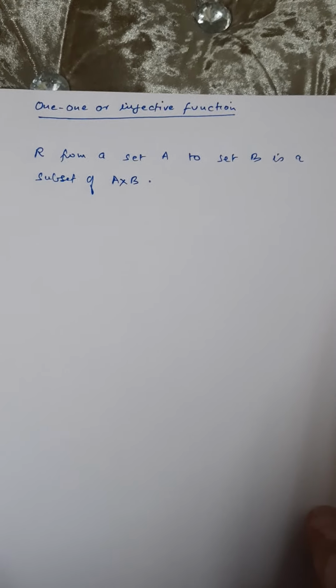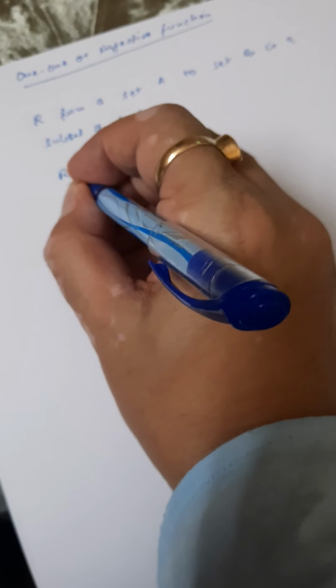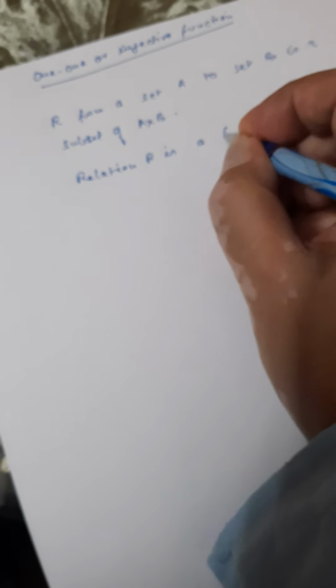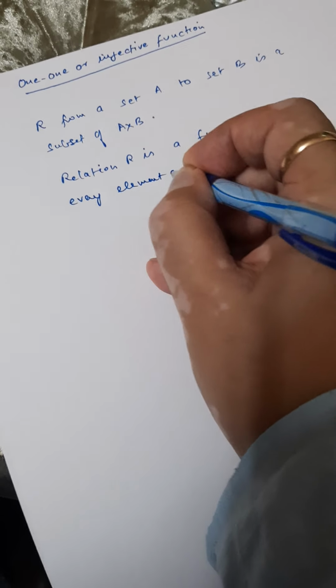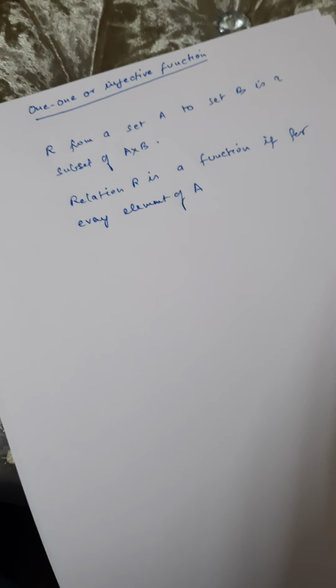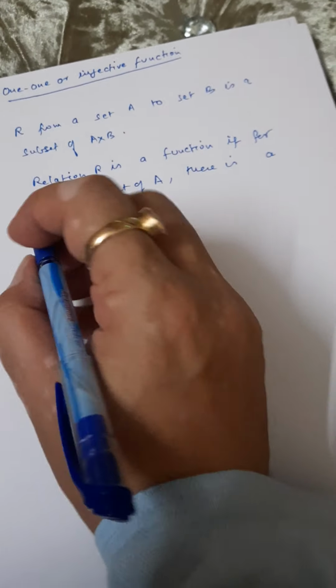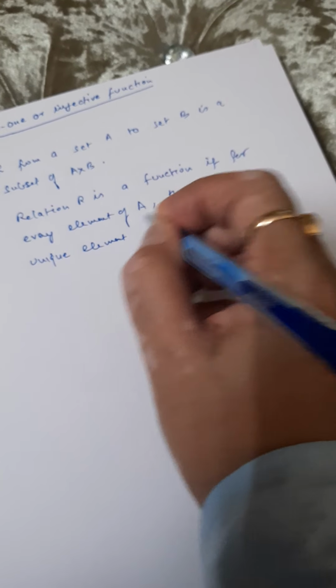Now, in 11th class also, I cleared you this: relation R is a function if for every element of A there is a unique element of B. So I can say the relation is a function.